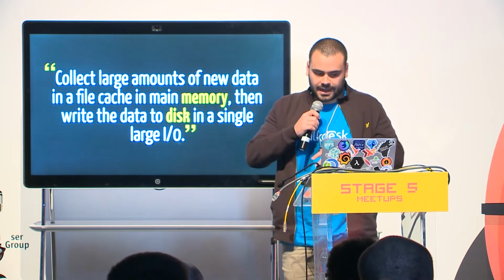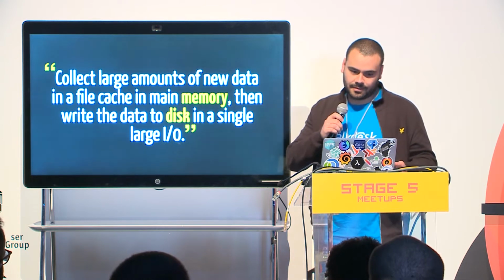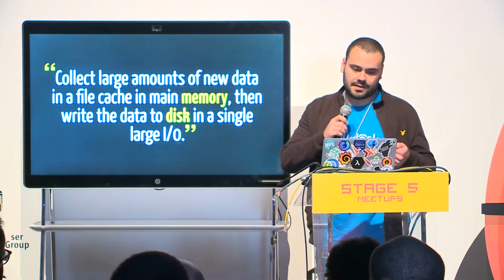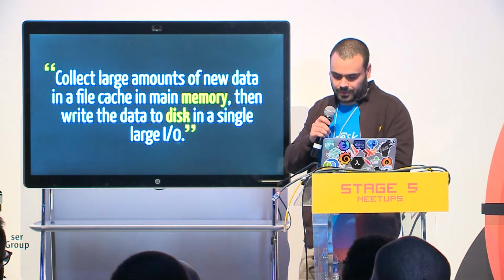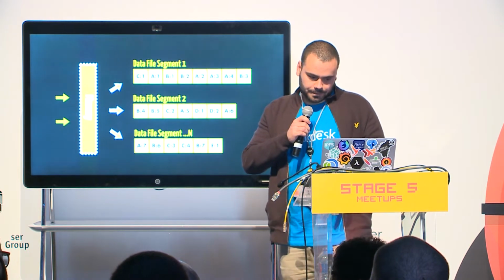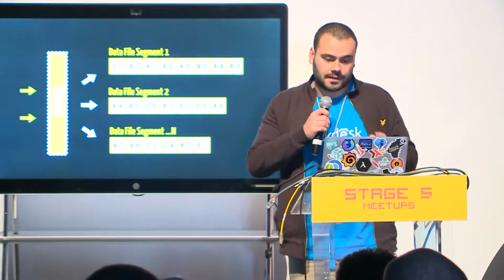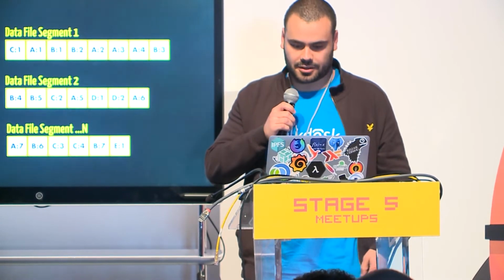So the main goal, the essence of a log, is to collect large amounts of new data in a file cache, always in main memory, and then write the data to disk in a single large I/O operation. The solution is to break the immutable log into several immutable segments of a certain size.